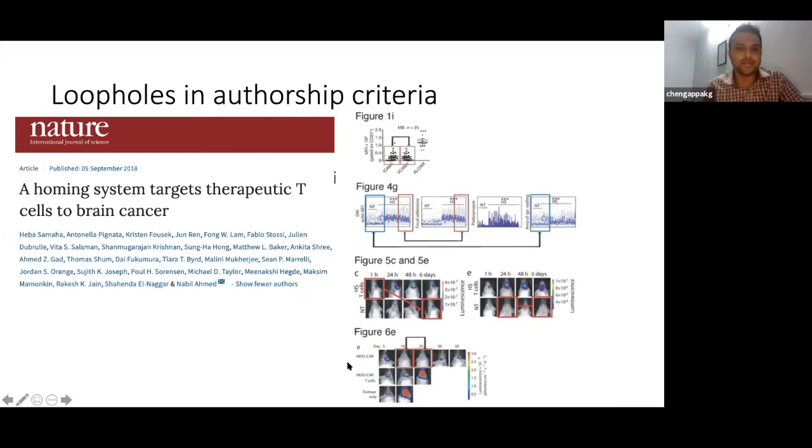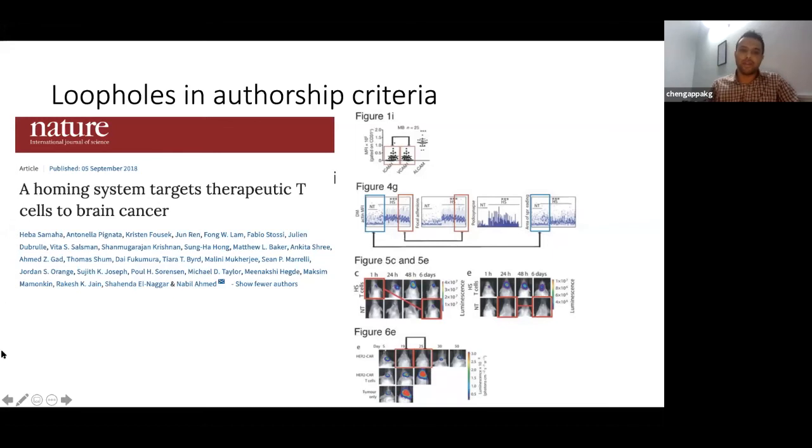For instance, in this paper, which was published in 2018 in Nature, within 15 to 20 days, it was retracted. The reason being, people found out that these images, the blue squares were identical, they were just cloned, the red squares were cloned, and the images were manipulated.